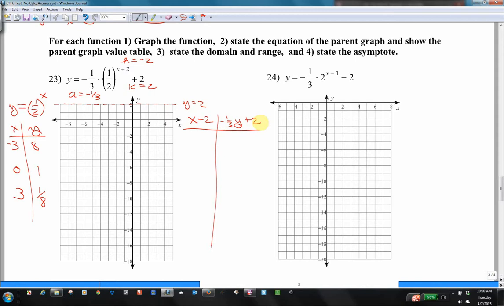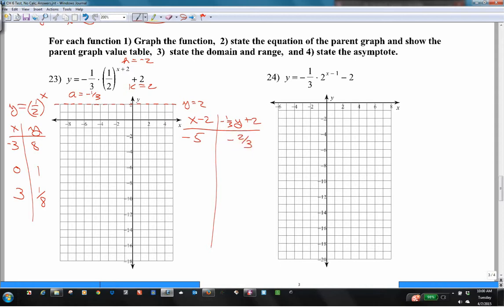So let's move all my points. I would have -3 minus 2, that's -5. And when I put an 8 in there, I'm going to have -8/3, that's -2 and 2/3 plus 2. So I'm going to have -2/3.